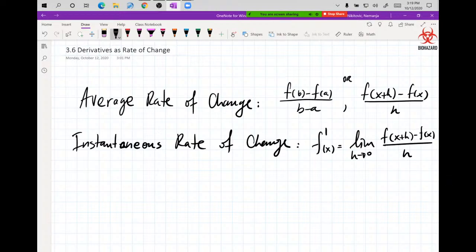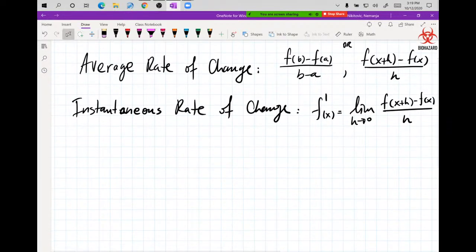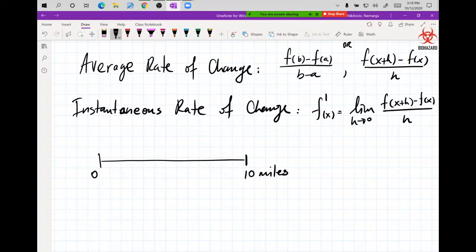So we talked about the difference between these two using velocity earlier, where we said that if you cover the distance 0 to 10 miles in, let's say, 10 minutes, you were driving 60 miles per hour on average.